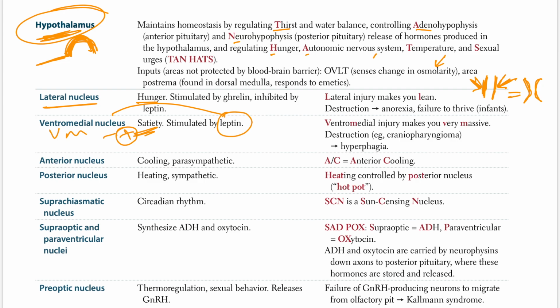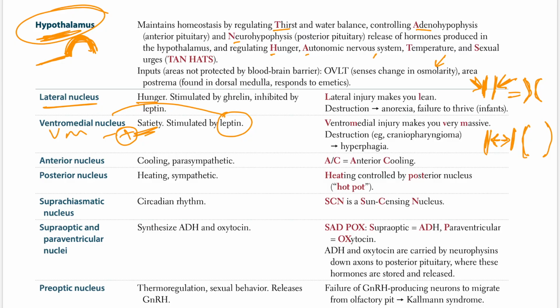While if you have injury to the ventromedial, the mid part, it will just lead to massive.